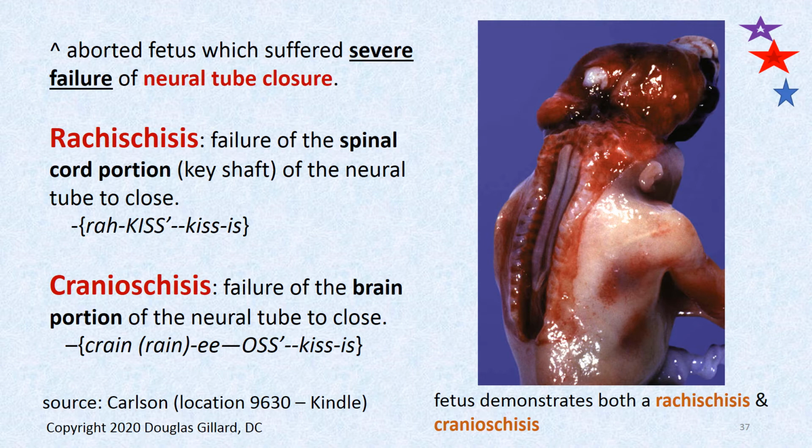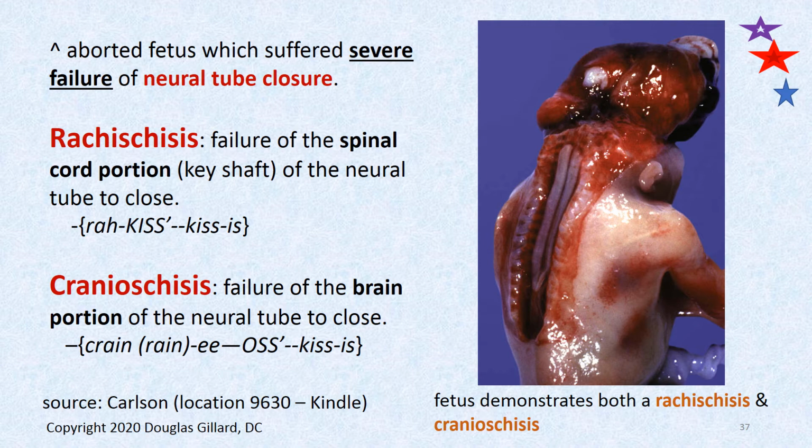And so when the key portion of the neural plate fails to close, that's called a rachis. Rachis. Super high board yield for medical students and chiropractic students. Even more so for spine. Anything with a spine, brain, chiropractic boards love that kind of stuff. I have a feeling.